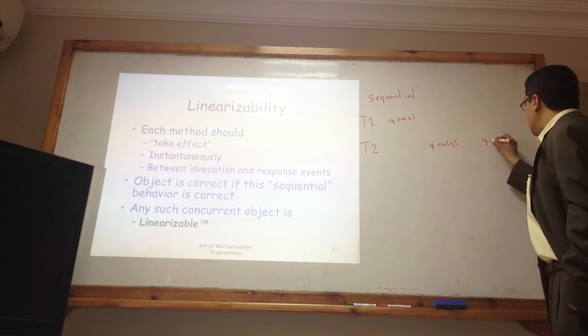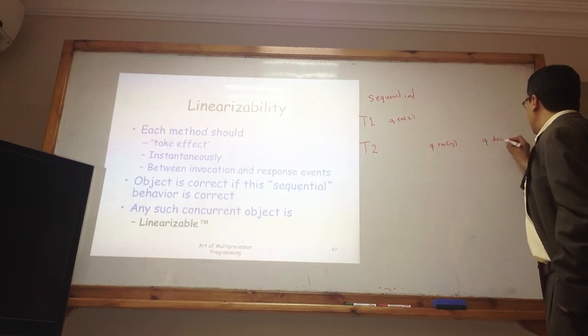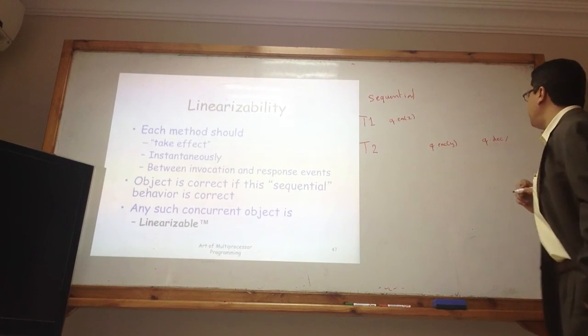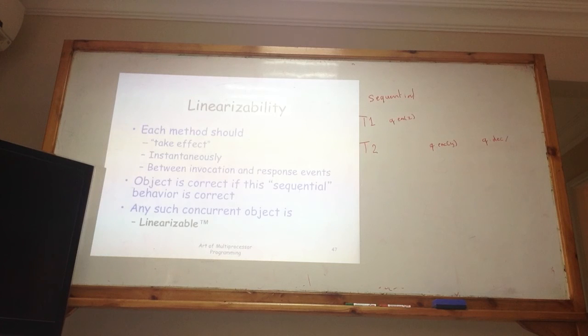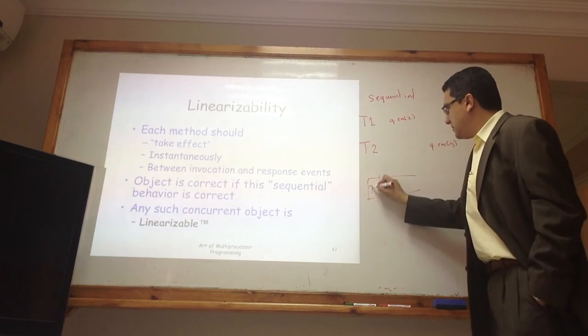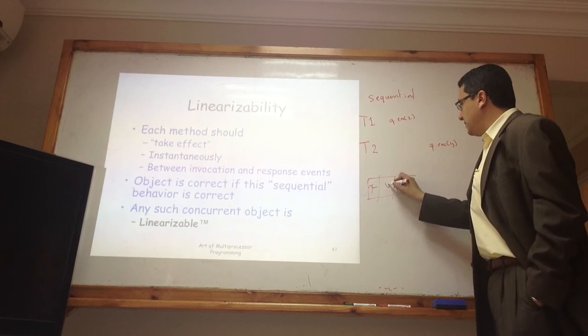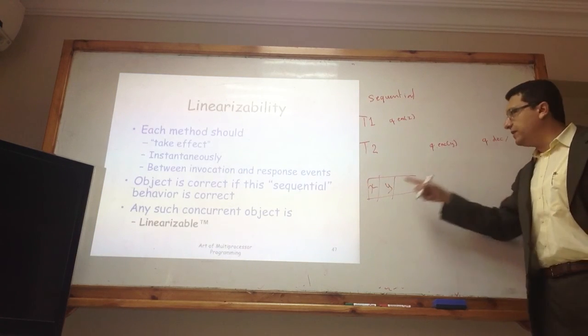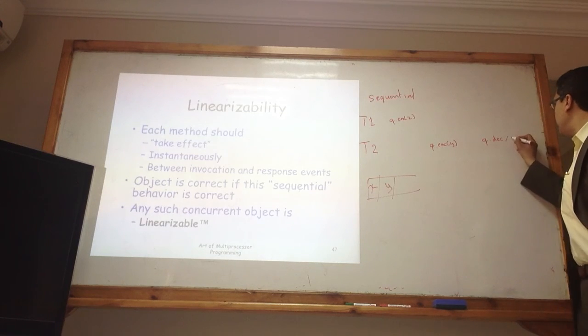When you do a DeQ operation, what would be the result you get? You put X into the Q, and then you put Y into the Q. So intuitively you should get X. But actually you can get Y.